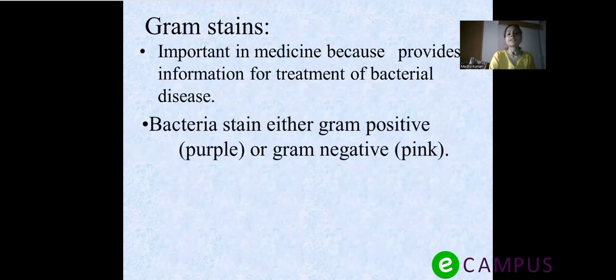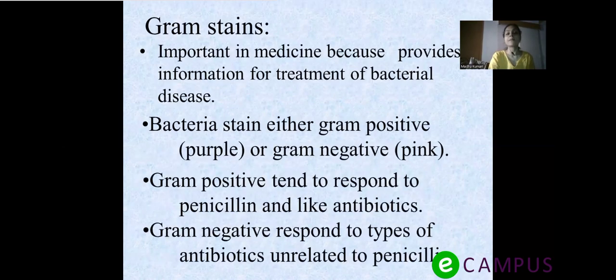So what is gram staining, and how do we differentiate bacteria with it? It is important in medicine because it provides information for the treatment of bacterial disease. First, we have to identify which type of bacteria this is.